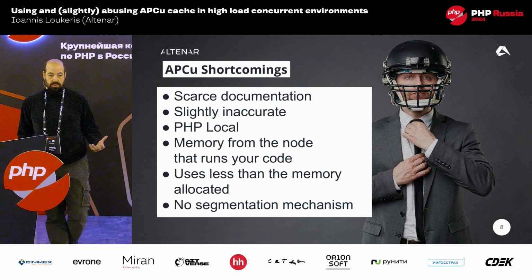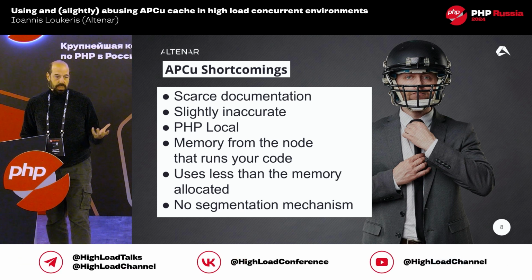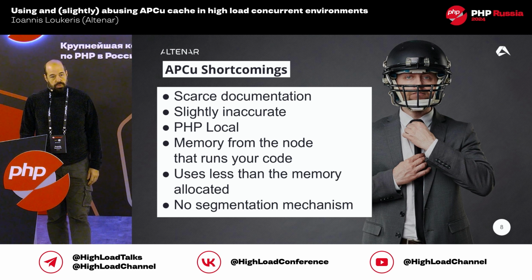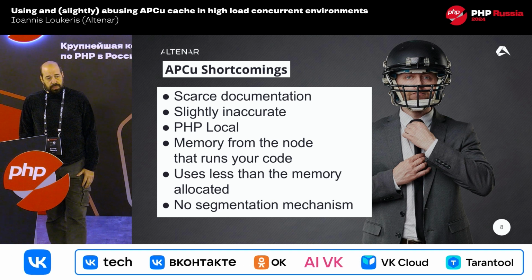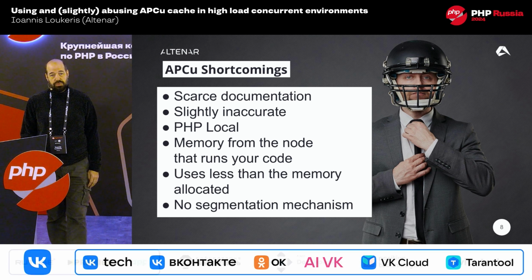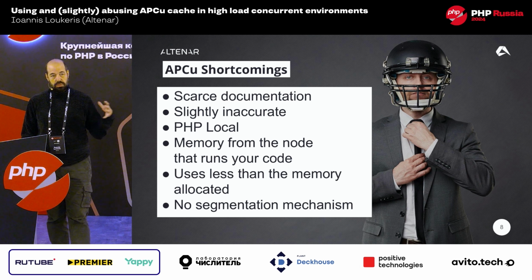That's good, as we said, but that's also bad. Nobody knows anything that happens inside APCu. And of course, there is no interoperation with other languages or whatever. It takes memory from the node that runs your code. So your server memory is being sucked out because this goes to APCu.